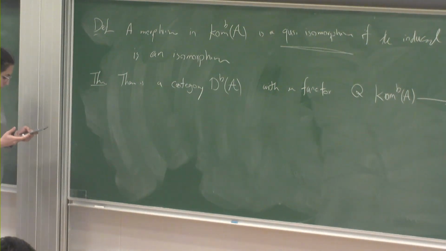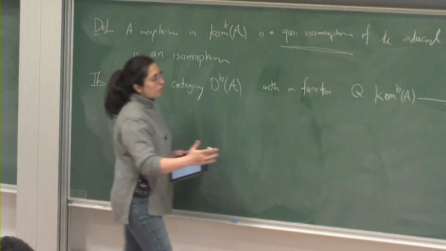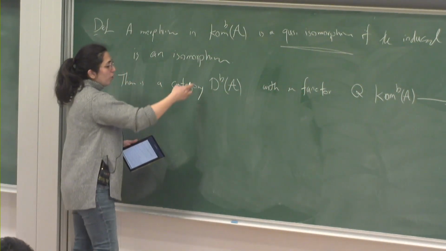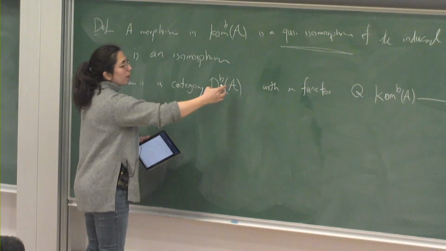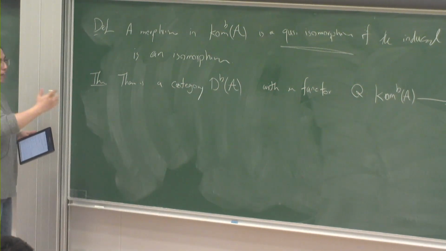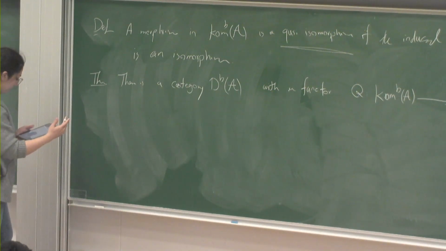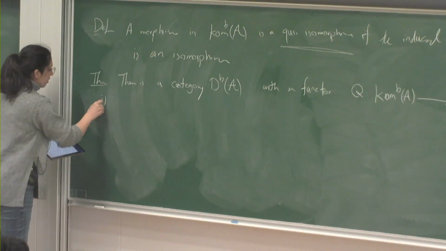The first one is that I want Q to identify objects in these two categories. So in other words, any object in this bounded derived category of A is still a complex of objects in A.